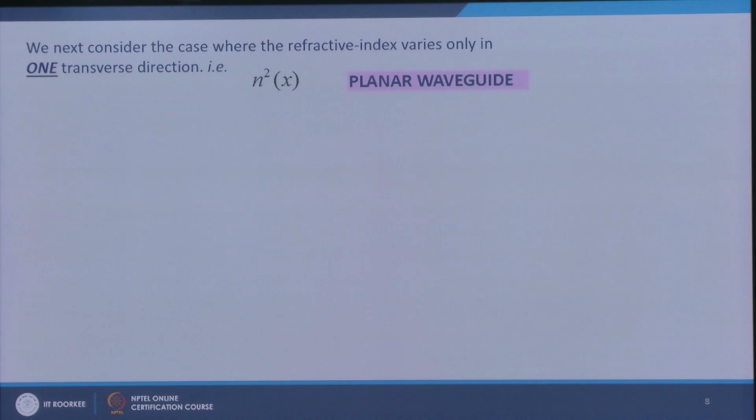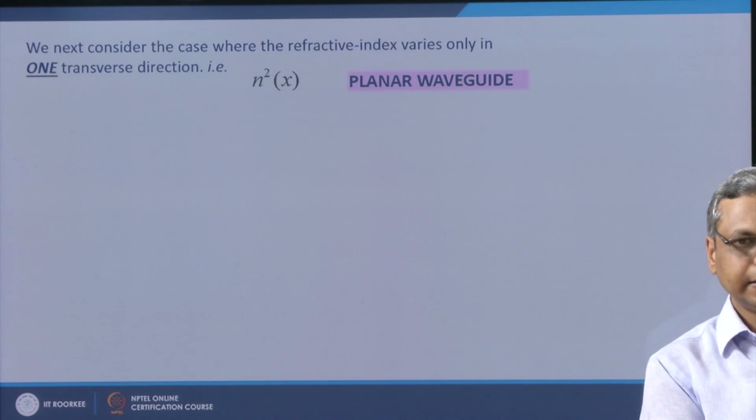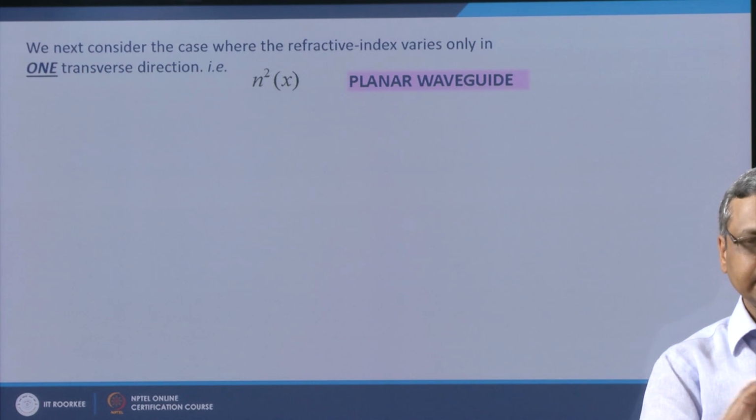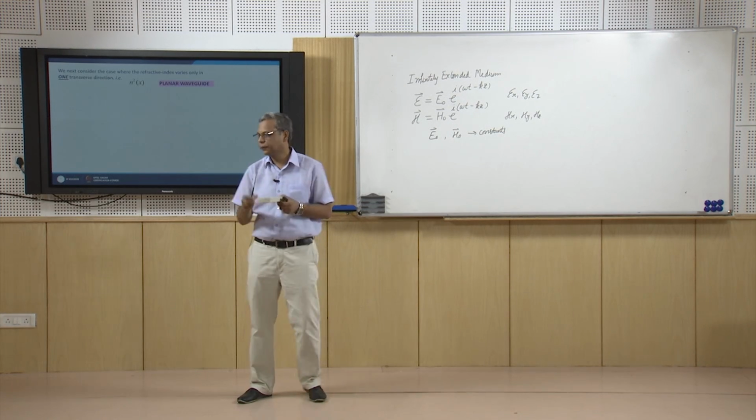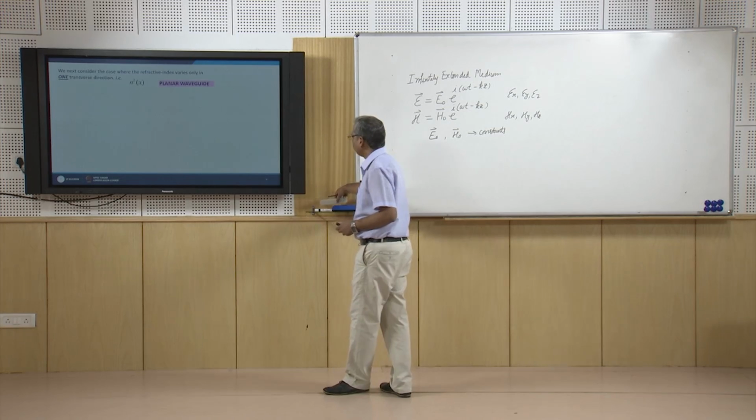A waveguide something like this, where this is x, this is y and this is z. So, y is infinitely extended, z is infinitely extended, and you have index discontinuity only in the x direction. So, here you have different refractive index, here different and here different, okay. So, n square is a function of x only.